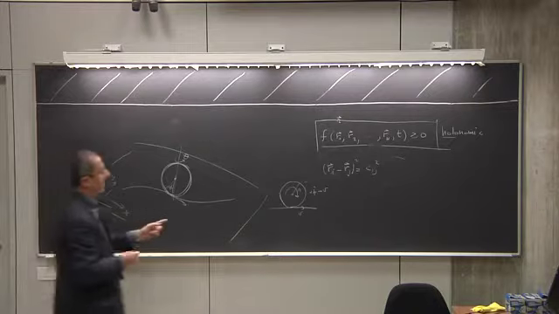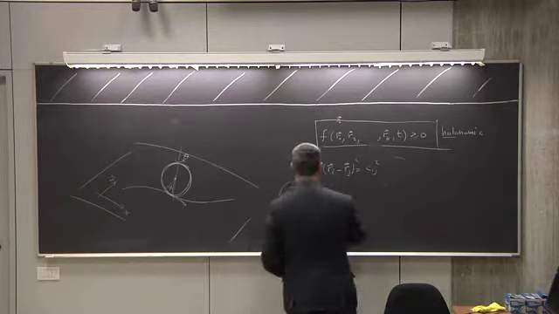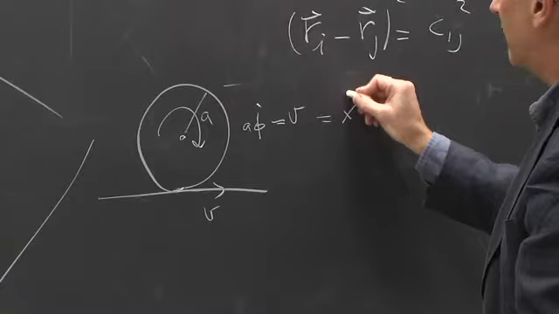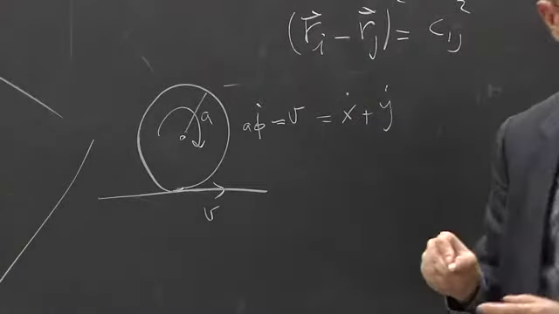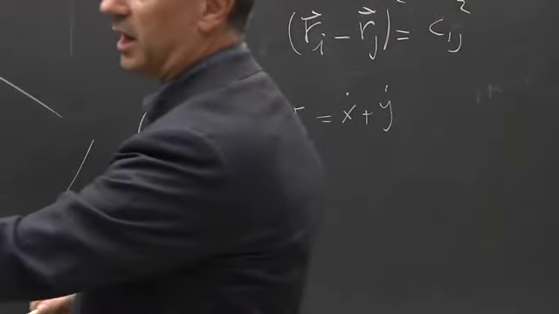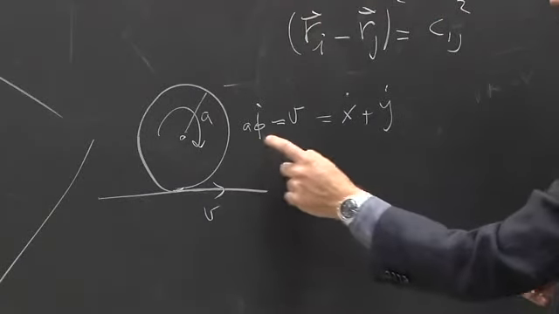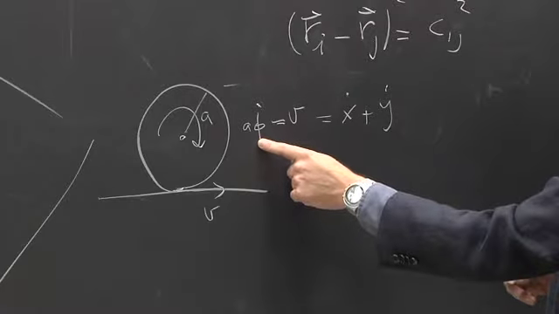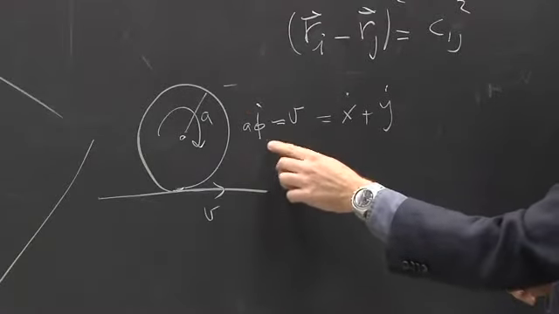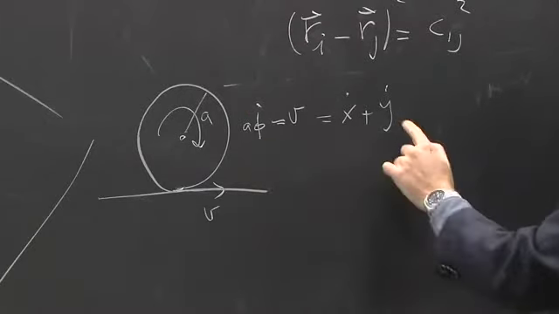You see, v in this case is going to be x dot plus y dot, if I call the position here x in terms of Cartesian coordinates. So it looks like I'm connecting your 4 coordinates, but one seems to be connected to the others.